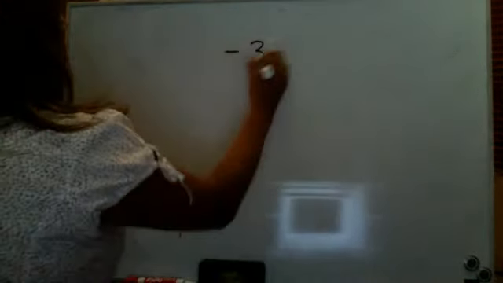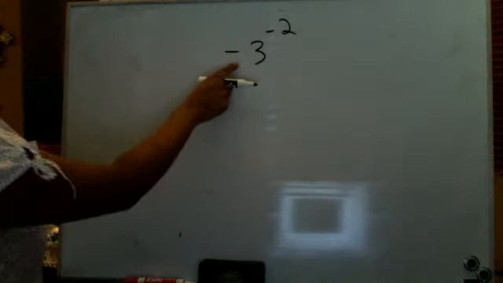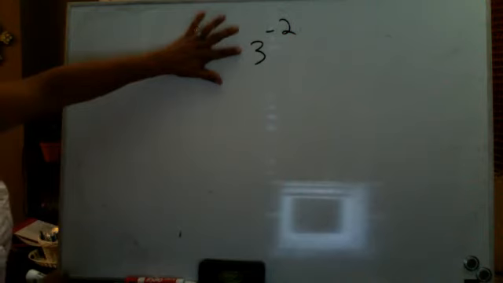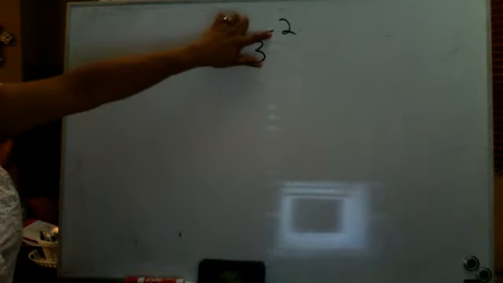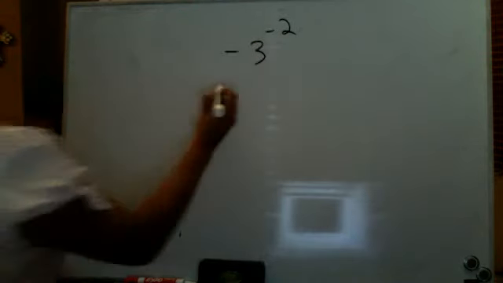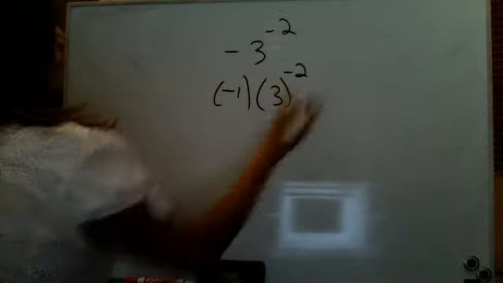Let's do another example. If I did negative 3 to the negative 2 power. Remember that negative 1 is not protected by parentheses. If it's not protected by parentheses, then this negative does not go to this exponent. It's not raised to that power. Therefore, you have negative 1 times 3 to the negative 2 power.